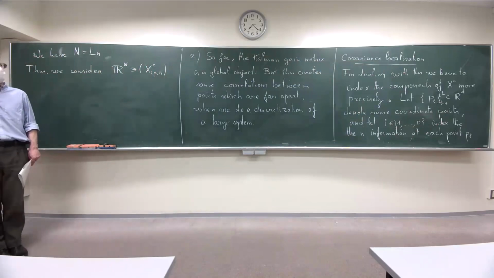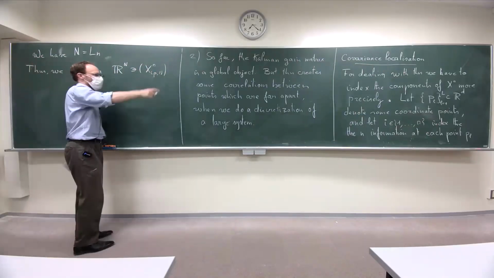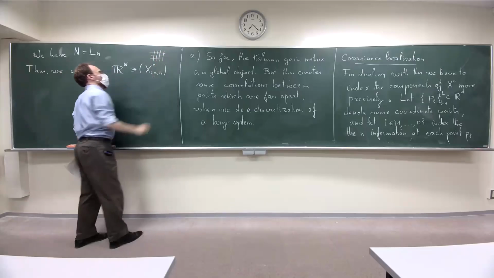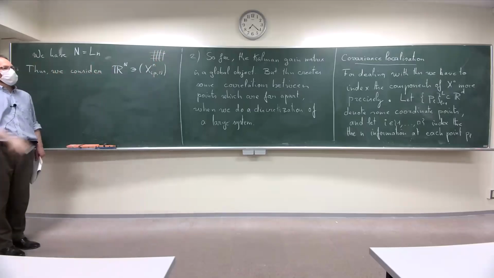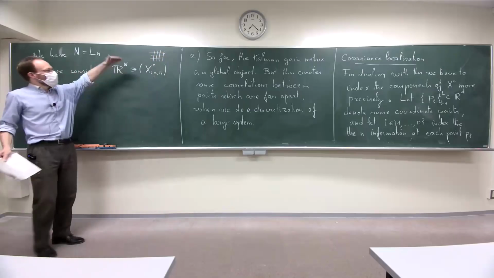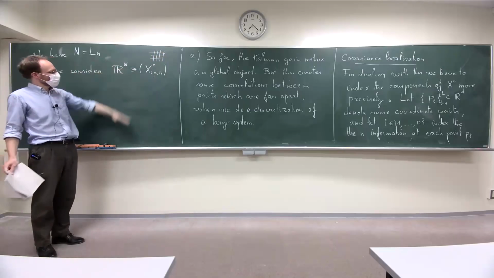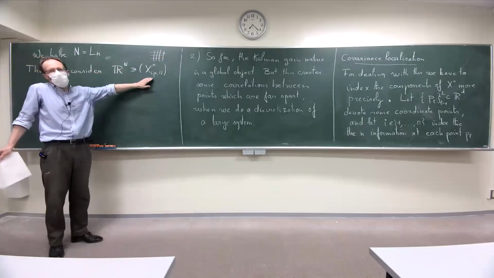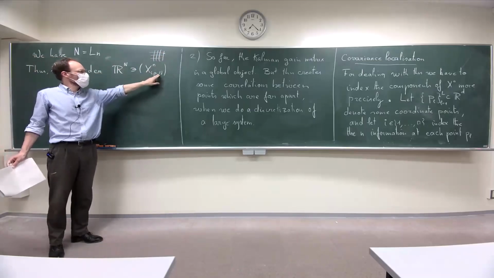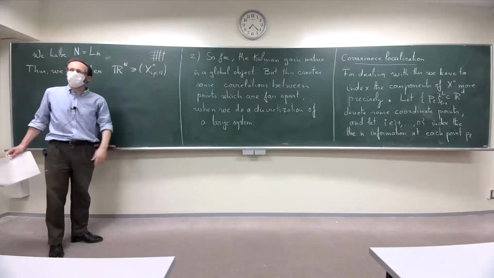So what do I mean? p_l is one point on this lattice, and i is from 1 up to small n. So every entry, every component of this huge vector is indexed by one point and one index, for example 1 for the temperature, 2 for humidity, and so on.